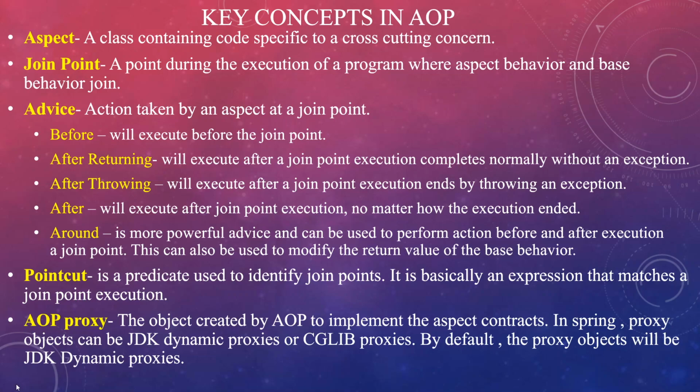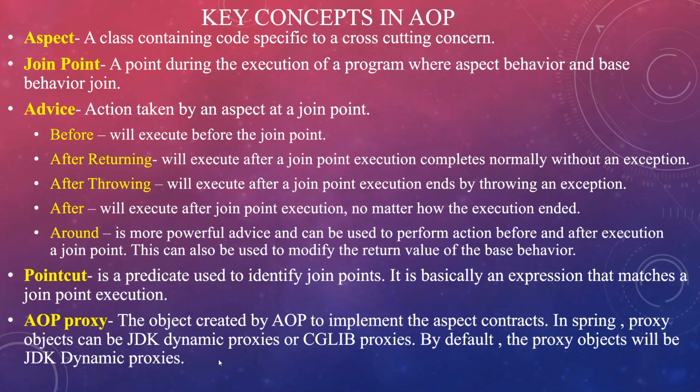This is something that you need to theoretically remember, because if there is anything that you see in the logs, you will see the proxy objects. For example, if you are trying to expect the exception handling and you are using after throwing advice, and you try to log the trace, you will see the proxy objects in the trace.